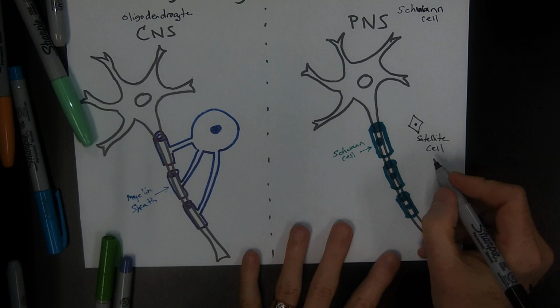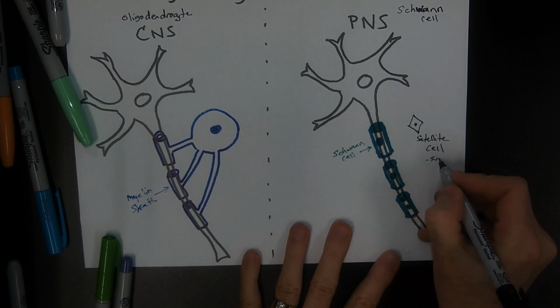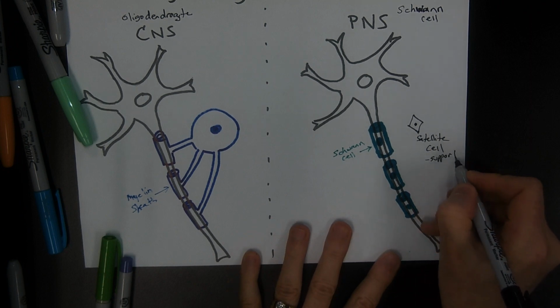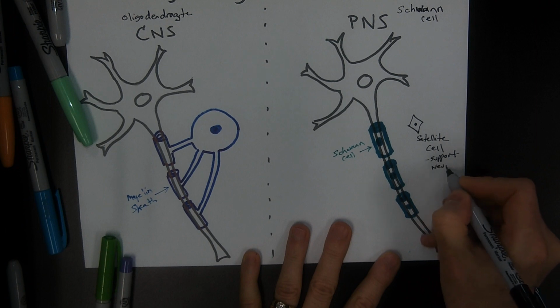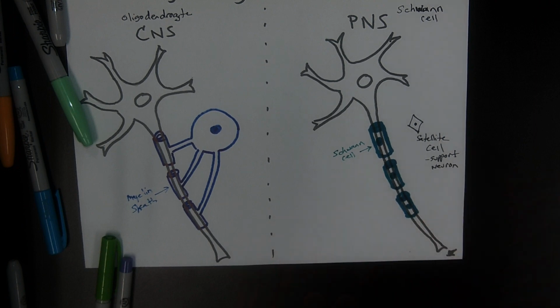And it does nothing more than support neurons in the PNS. An easy way to think about a satellite cell would be similar to an astrocyte, providing nourishment and helping things along, sucking up maybe some extra potassium, that sort of thing.